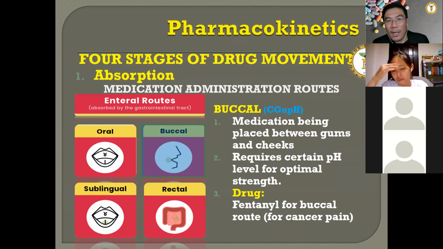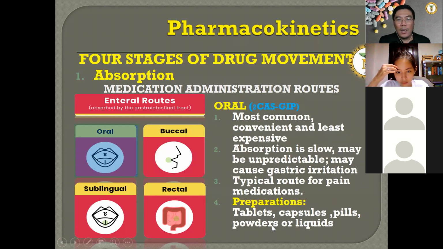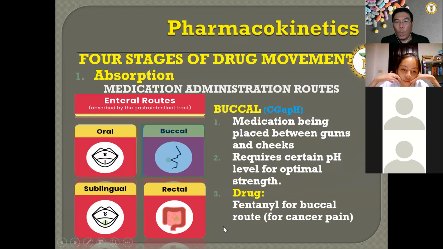I missed to mention that in oral drugs, the drug preparations are most of the drugs: tablets, capsules, pills, powders, or liquids. While for the buccal, the most common example of drug given via buccal is fentanyl.